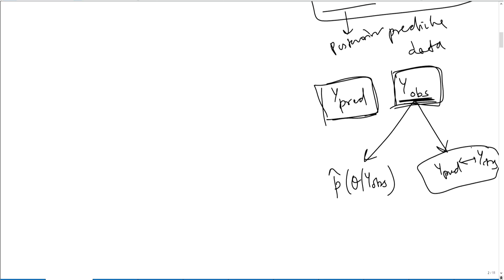You are using the same data twice, to train the model and then to test its predictive accuracy. This is called overfitting. So, this is a problem. Why is this a problem? Because whatever sample of data you have, let us say y-obs, it would contain certain regular features of the data and certain irregular features of the data.